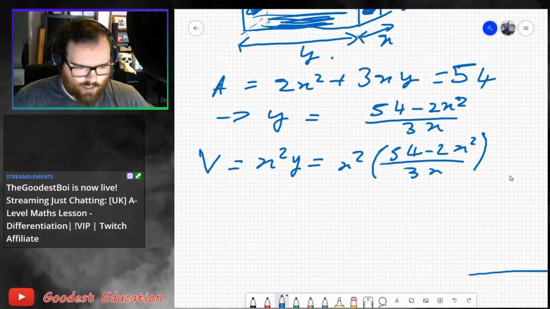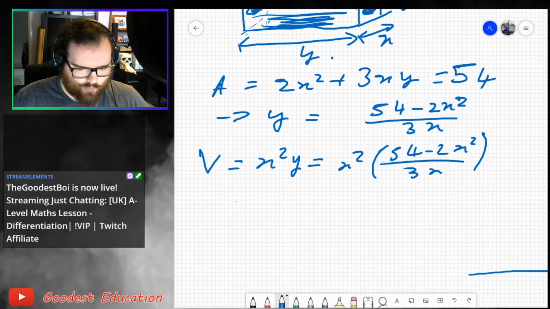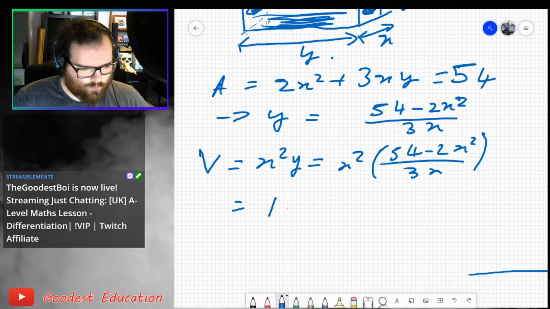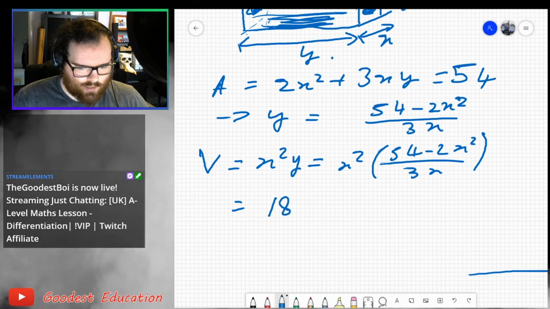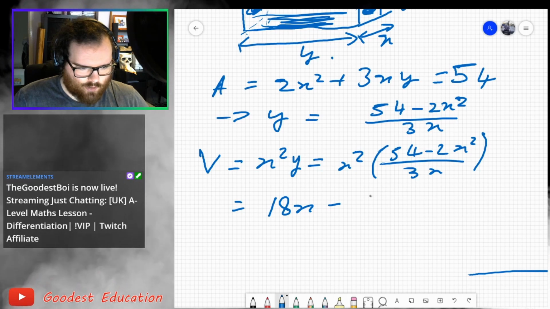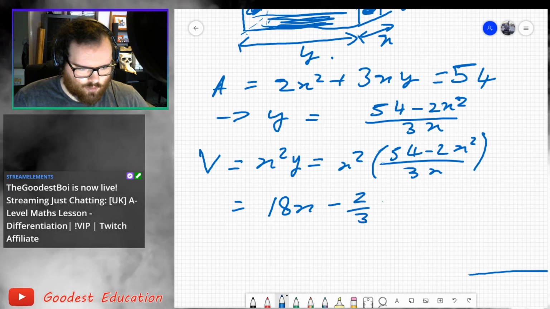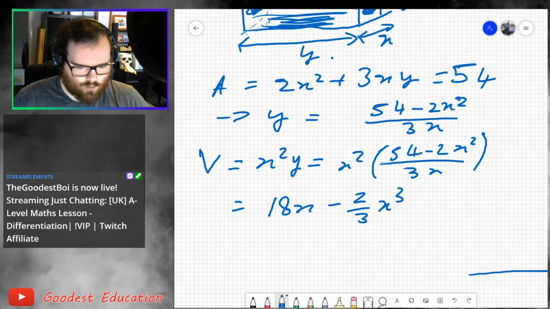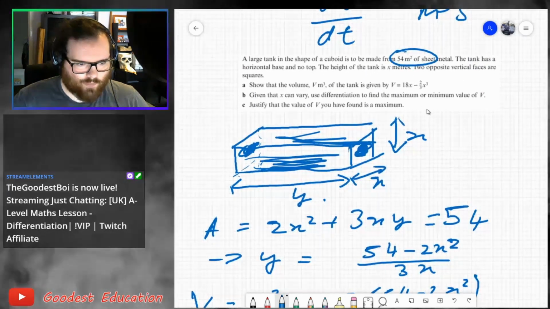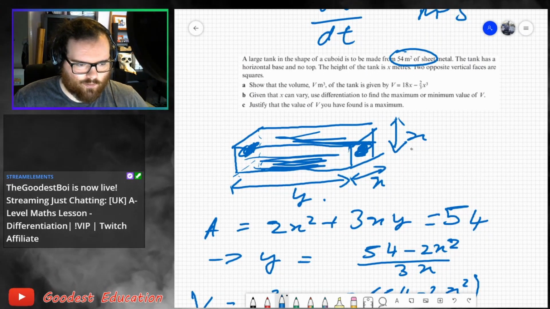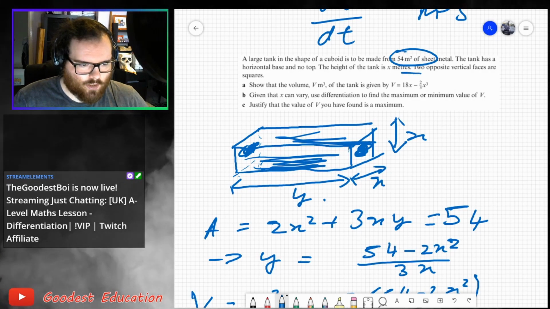Then if we times that all out, we're going to get 18x minus 2/3 x cubed, which is what we wanted here. This is what we need to show for the volume.